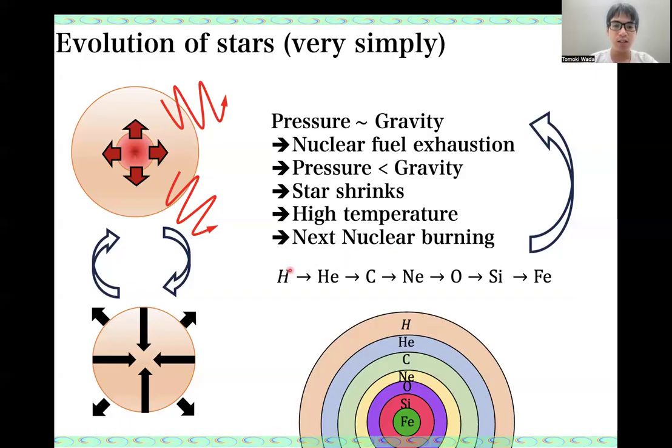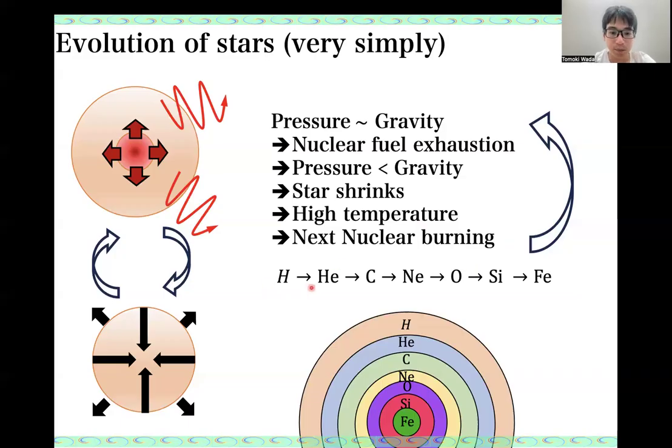In this case, first hydrogen is burned, and when the star runs out of hydrogen, it shrinks, and next helium is burned at the center of the star. And after helium runs out, it shrinks again, and next carbon is burned. In the life of a star, it continues these cycles: helium, carbon, neon, oxygen, silicon, iron.